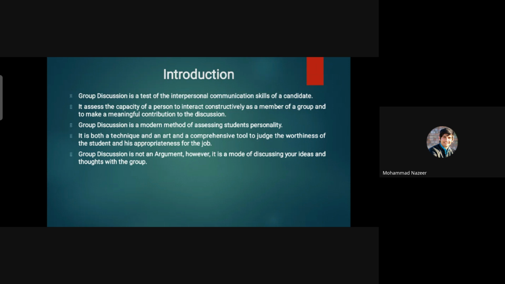If there is a group discussion coordinator, the participants will be maybe 10 or 8, and the duration they are going to give you will be 15 to 20 minutes. In a group discussion, each and every participant is first told to think before you speak.